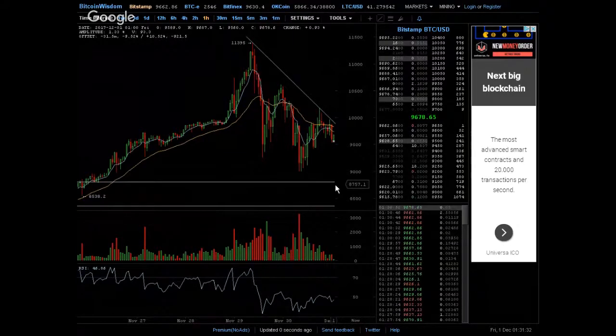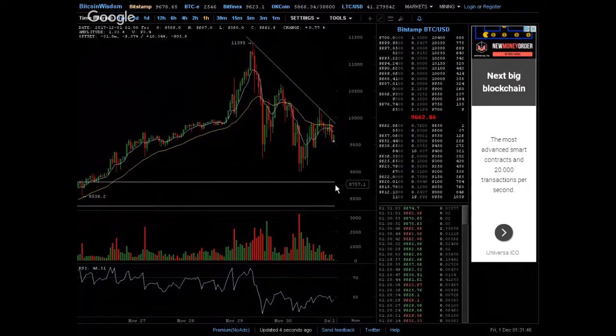Oh goodness. DD8209 says, "Come on, everyone knows Bitcoin is really worth 2K." Yeah, it could be worth 2K. I mean, it can definitely go down to 2K.